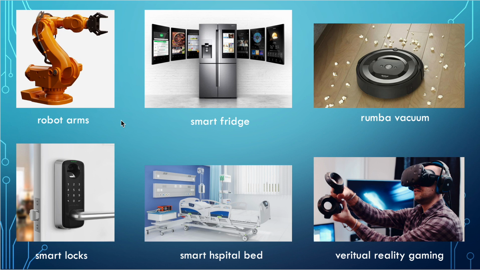So one of the main good examples here is robot arms, right? The first image that would come to our minds with robot arms like this in the picture would be manufacturing facilities of vehicles.